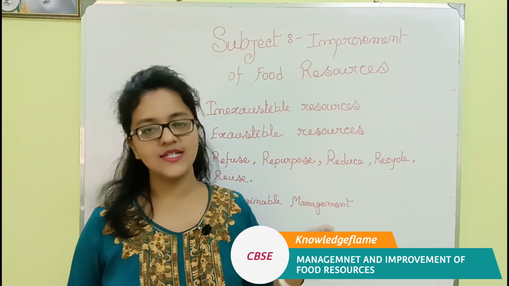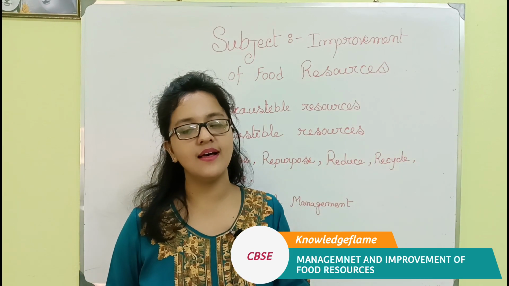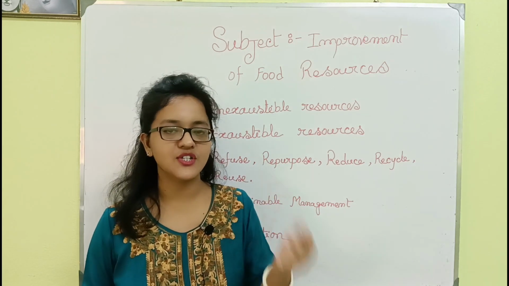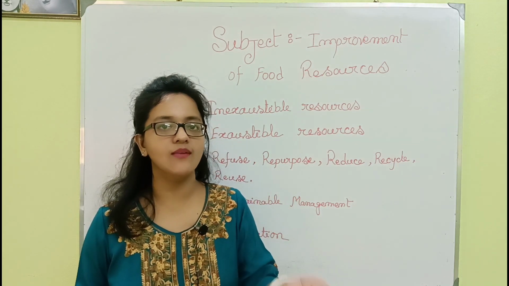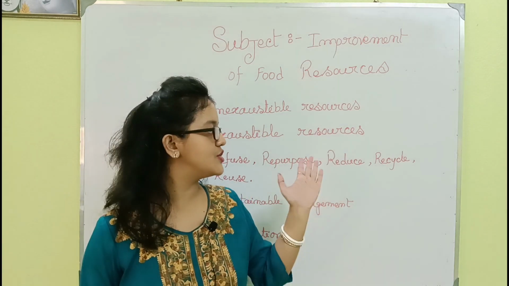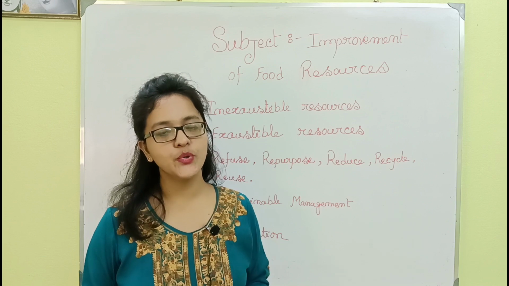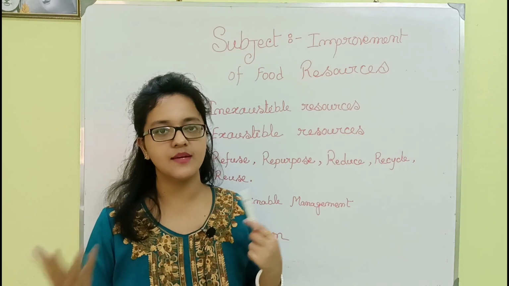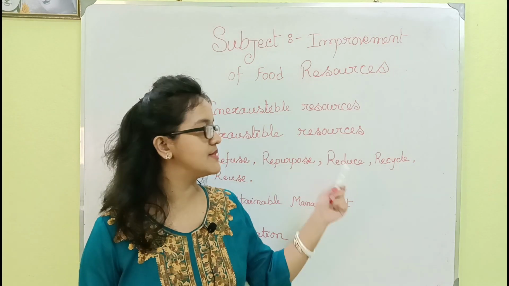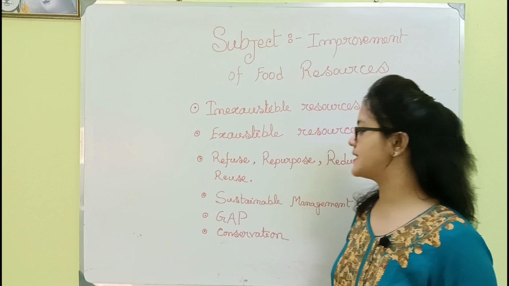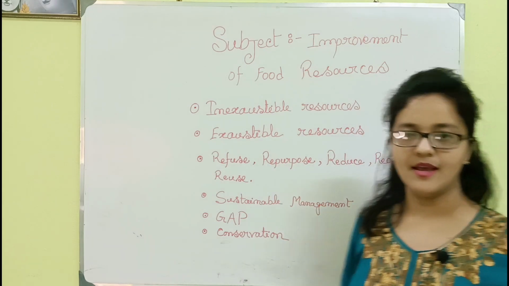Now reduce. What is reduce? We should reduce the extra combustion of fuel or extra use of electricity, switching off lights and fans, and reducing the use of CFC. These are all reduce. We should make a recycling process for plastic, paper, etc. So this is recycle. And last but not least, this is reuse.